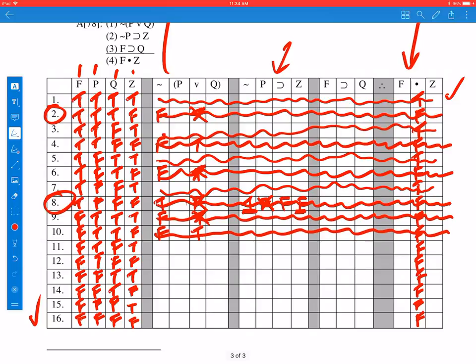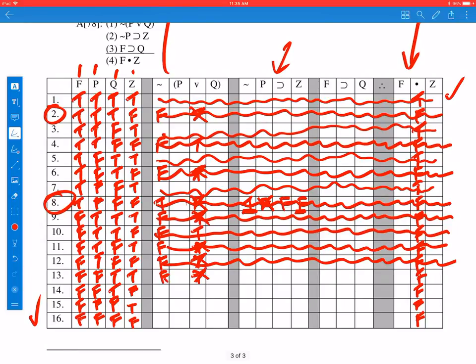On to 11. P here is true, Q is false, the or makes it true, and the negation makes the premise false, which means we can eliminate this one. 12. P here is true, and Q is false, which gives us a true disjunction, and we negate it, so the premise ends up being false, and we can eliminate that interpretation as well. 13, P is false and Q is true, so the disjunction is true, but we have to negate it.